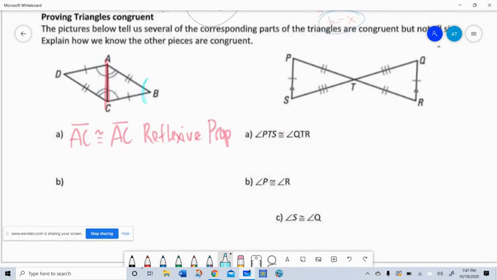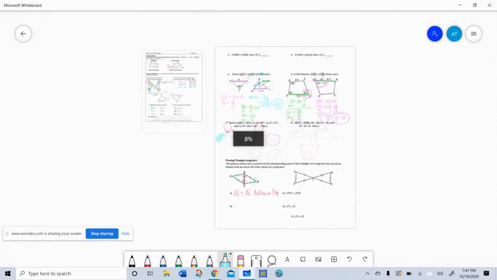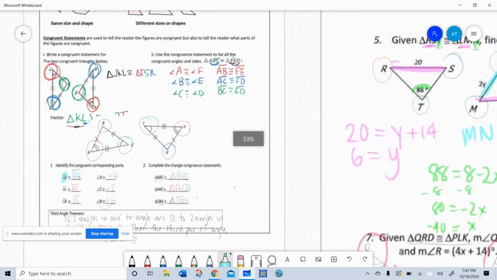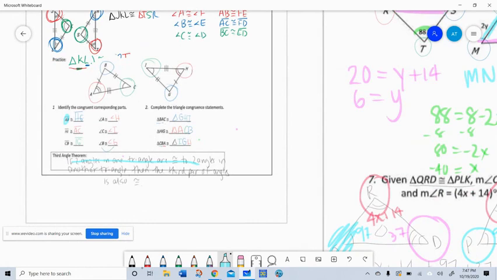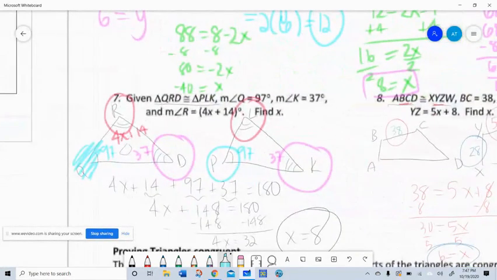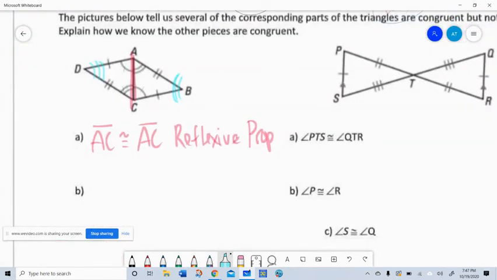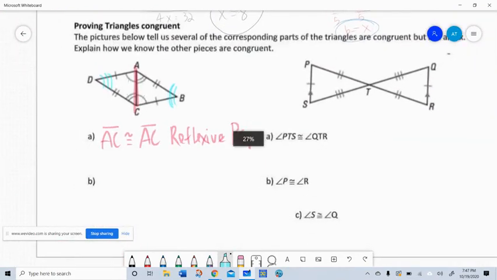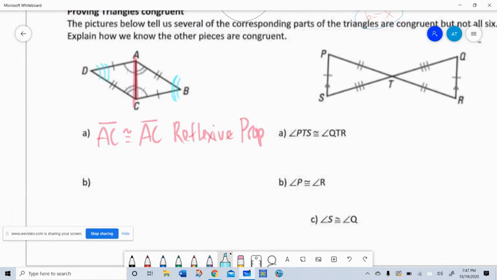Angle B has got to be congruent to angle D. And the reason is the third angle theorem. Remember back here when we talked about the third angle theorem? If two angles are congruent, then the third angle must be congruent. So if we have two pairs of congruent angles, the third angles must be congruent as well. So I would say angle B is congruent to angle D, and the reason is the third angle theorem.